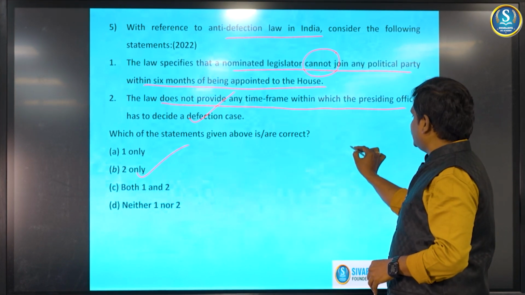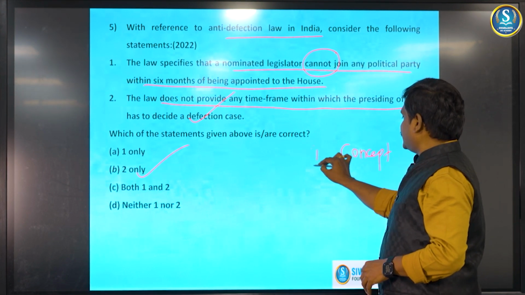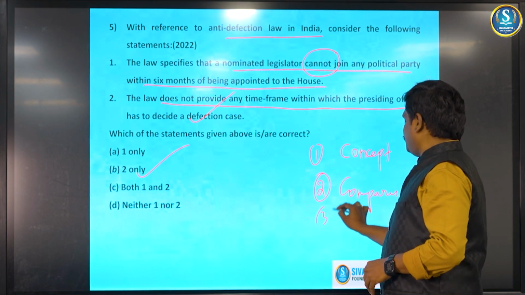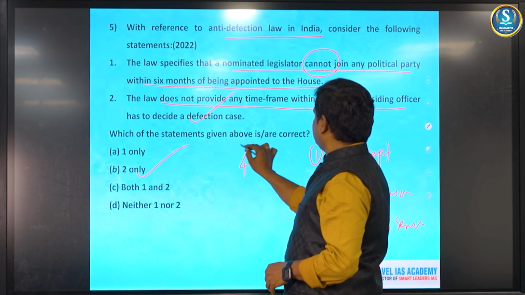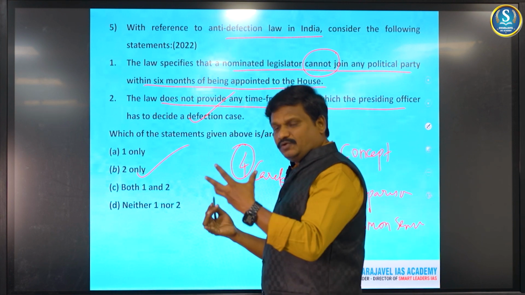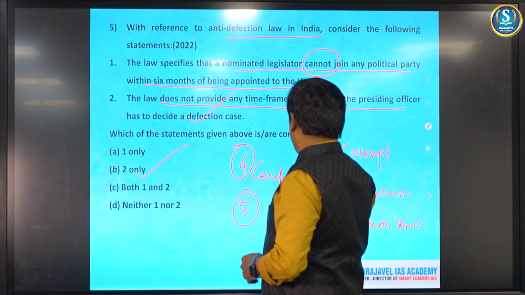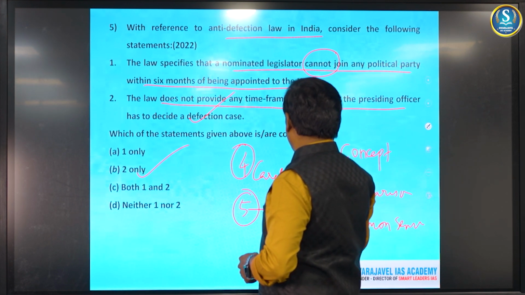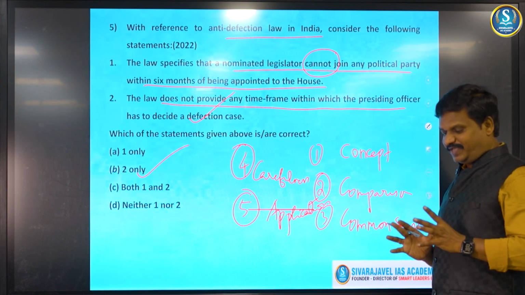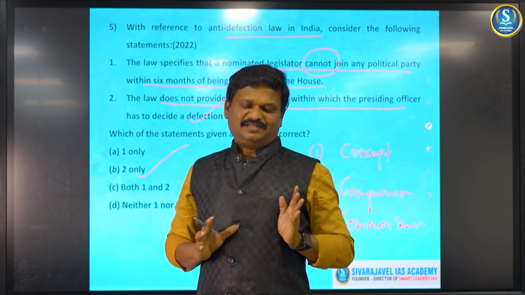In the first question, we have seen the need for conceptual clarity, and in the second question, we have seen comparison, then we have seen common sense, then we have seen carefulness, and in the question on application, we have seen the application part of the concept. So, these are the 5 questions which we have taken up, and we have told you how to approach the question. This is the approach.